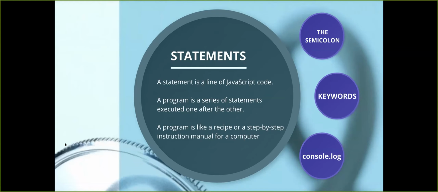And a program is like a recipe, or a step-by-step instruction manual for a computer. So a program is multiple statements. Each statement is one line. And the computer executes a program from the top to the bottom, very specifically from the top to the bottom.